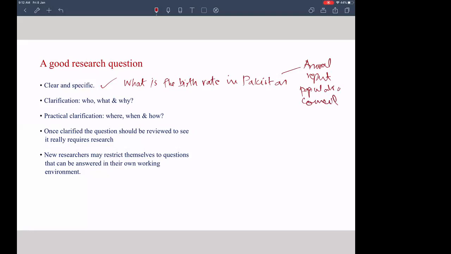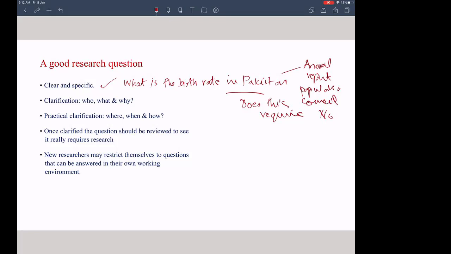Where from you can get the answer. But does this then require research? You will come up with the answer? No, it does not. So that means it has to be something for which the answer is not easily available. If it is easily available, there is no point in pursuing that.